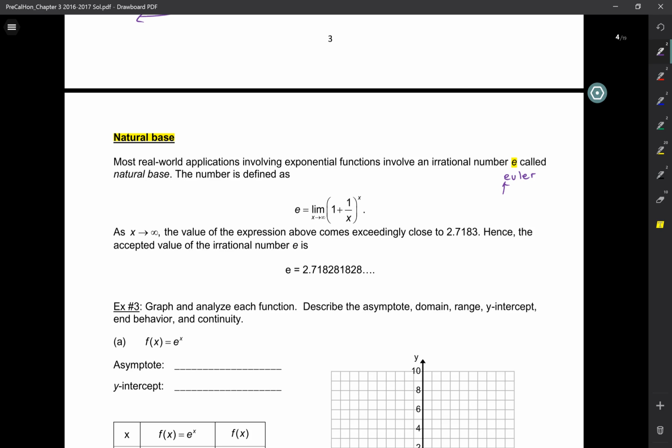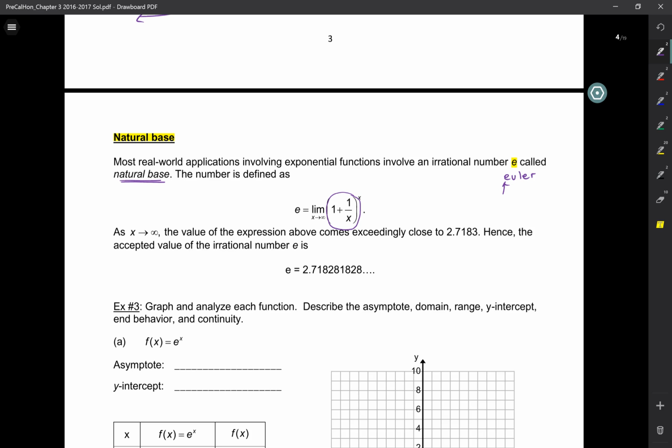So this is called the natural base. Well, where does it come from? Well, as it turns out, this factor here, 1 plus 1 over x, is something that shows up all the time. And you'll see more and more of it as you do Calc AB, or more importantly, Calc BC.